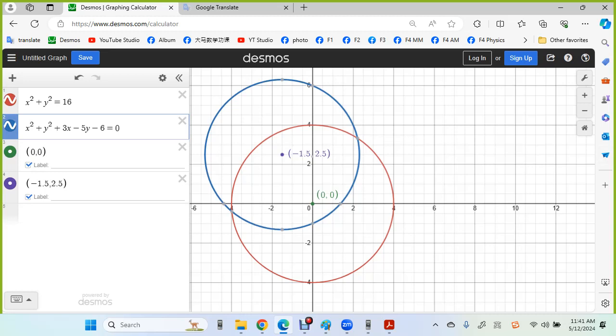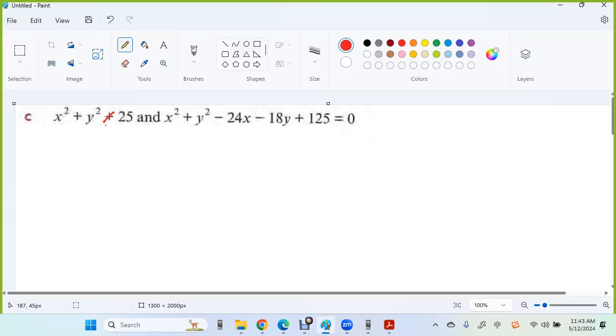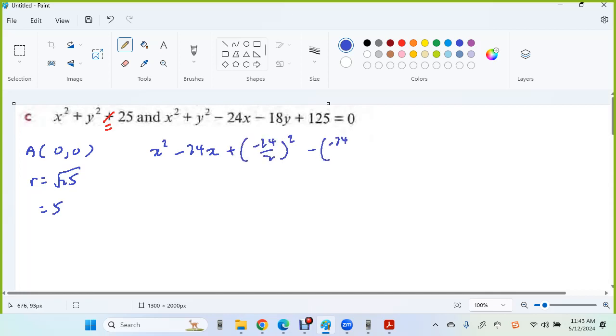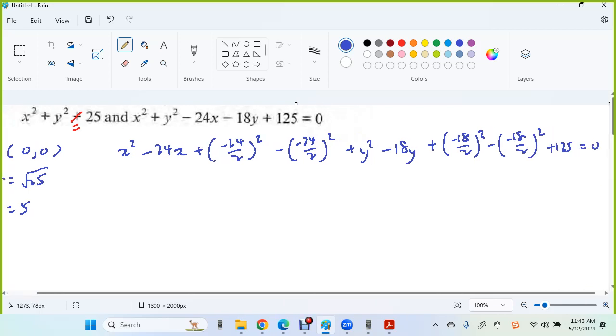Okay, done. C, this one also equal. So the first center will be (0, 0). The radius will be the square root of 25, that is 5. So x squared minus 24x plus (negative 24 over 2) squared minus (negative 24 over 2) squared plus y squared minus 18y plus (negative 18 over 2) squared minus (negative 18 over 2) squared, and then plus 125 equal to 0.